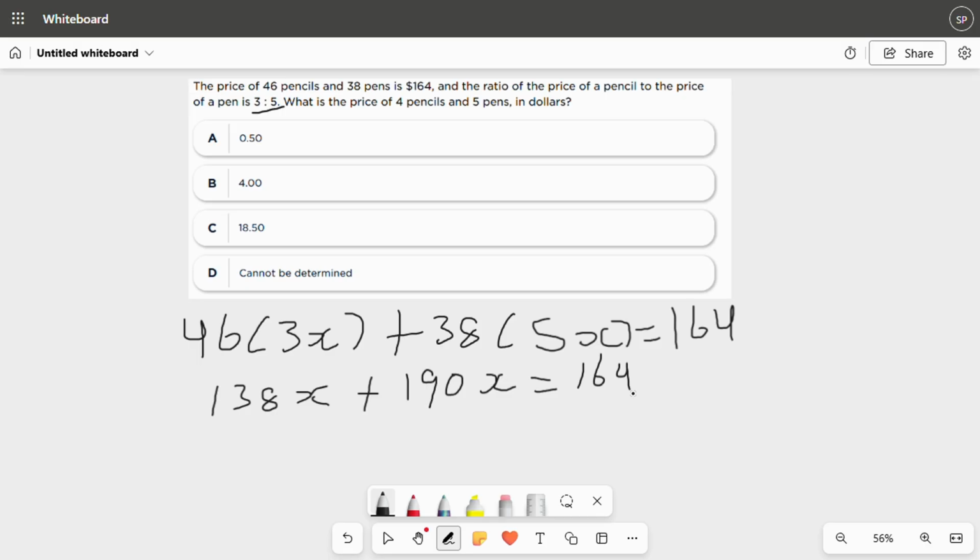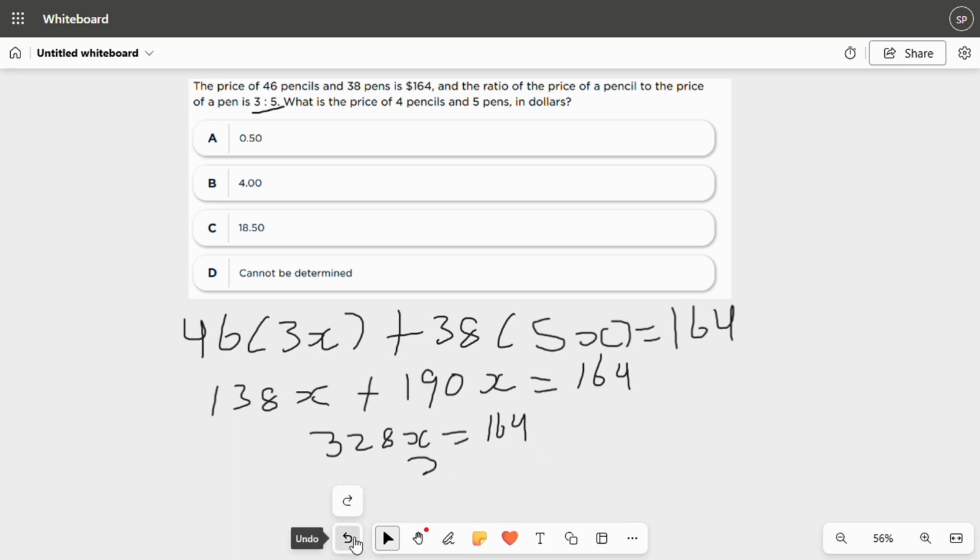So 138 plus 190 is 328x equal to 164. And of course we'd have to divide 328 on both sides. And I'll save you the time. x is equal to 1/2.